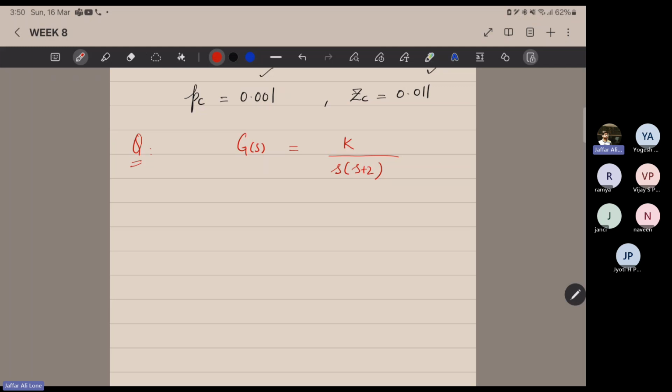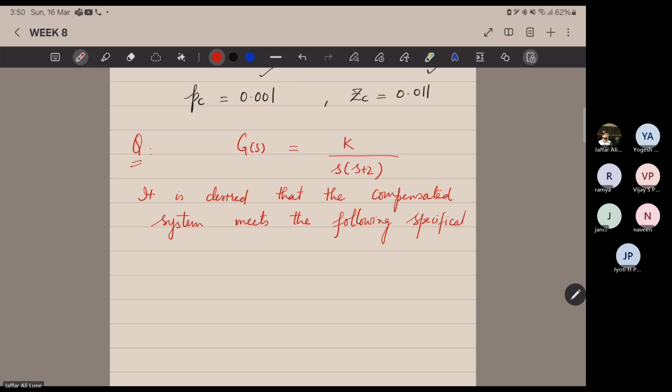It's desired that the compensated system meets the following specifications: my velocity error constant is equal to 20, my peak overshoot is equal to 16.3%, my settling time is equal to 4 seconds, 2% tolerance band.